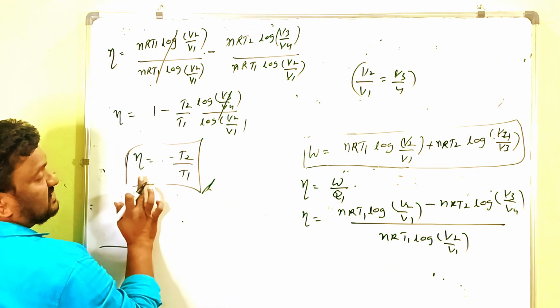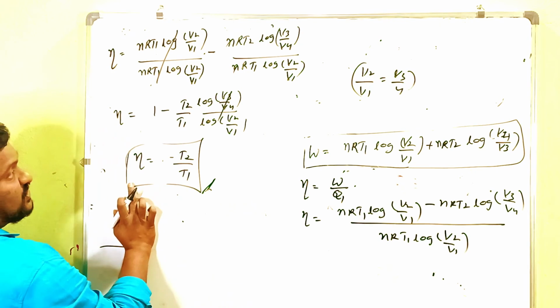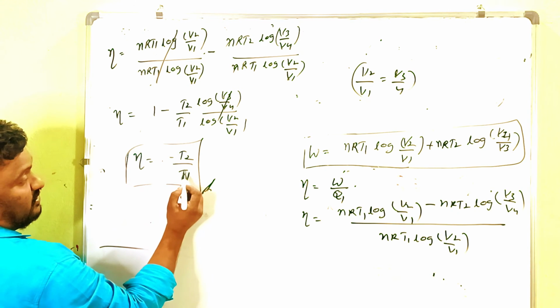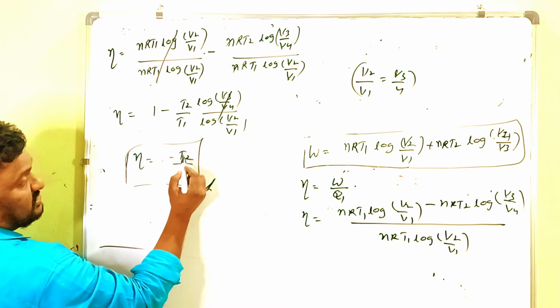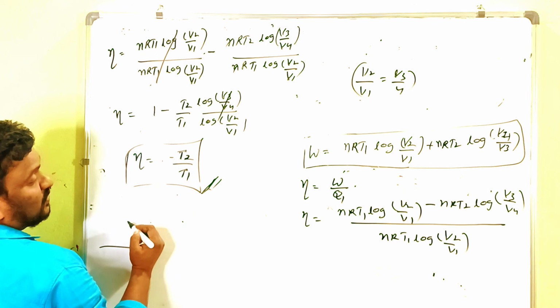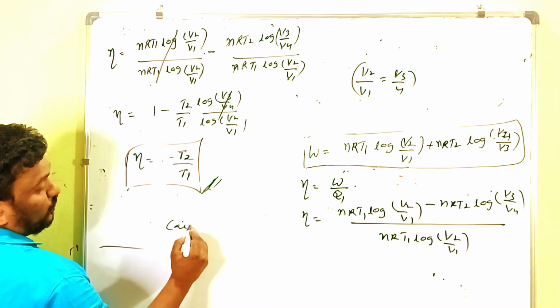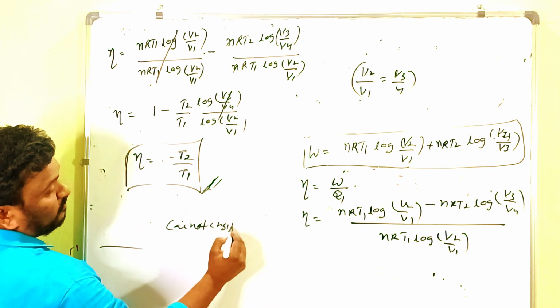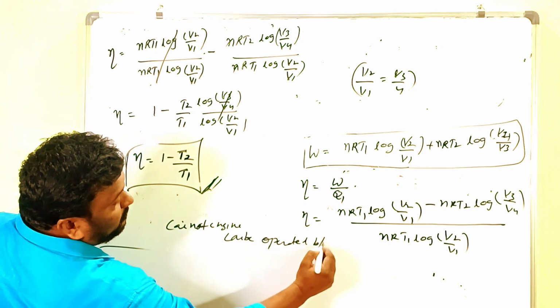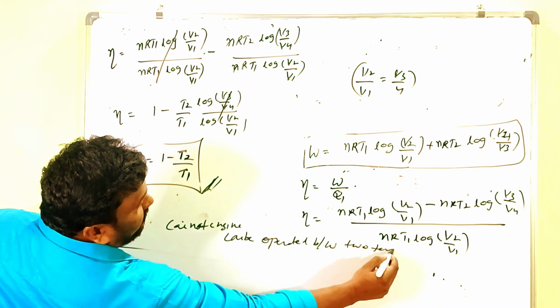So children, this is the efficiency of Carnot engine. Here T1 is the source temperature and T2 is the sink temperature. That's why, from this formula, you have to say a Carnot engine can be operated between two temperatures.